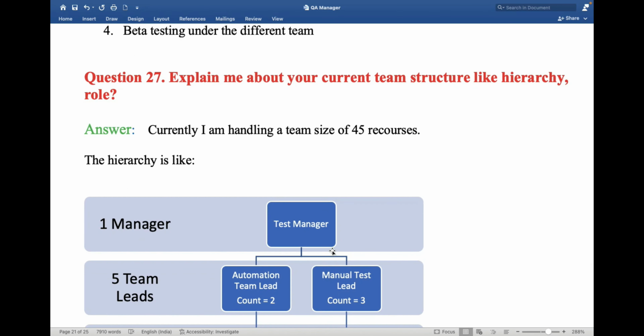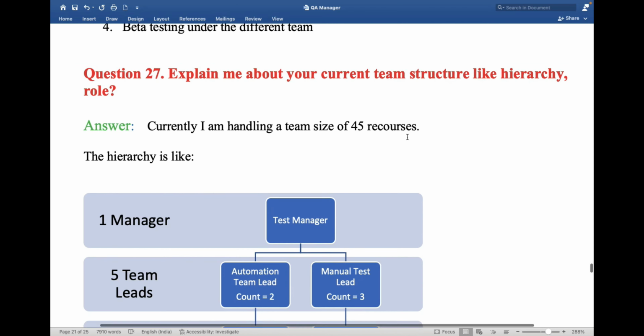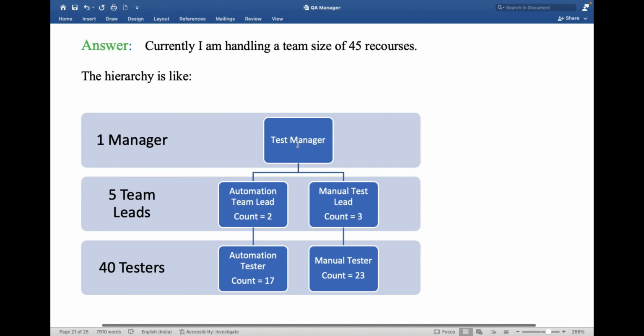Next question is, explain me about your current team structure like hierarchy and role, etc. Friends, if somebody asks this question to me, then my answer would be, currently I am handling a team size of 45 resources and the hierarchy is like that. Here is the test manager, I am the test manager, and I have 5 team leads, and 2 team leads are basically for the automation team and the 3 team leads are basically for the manual testing.